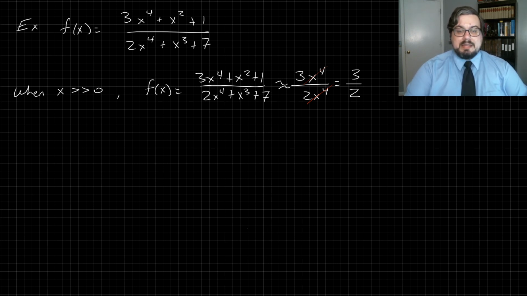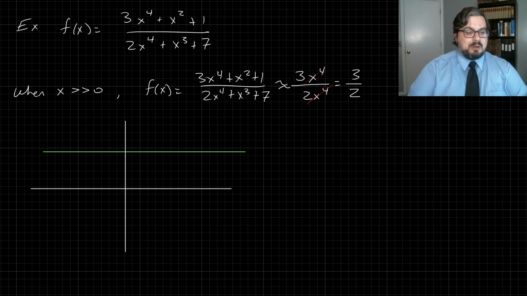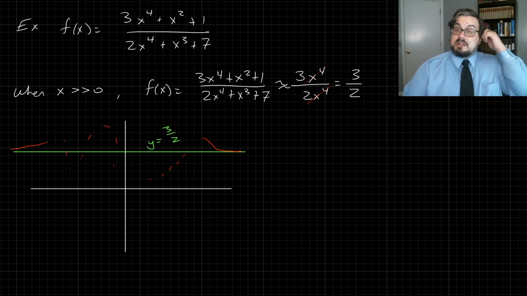So, in fact, what this is saying is that when x gets very, very large in the positive direction or the negative direction, the same argument applies, then if we take the line y equals 3 halves, this function is going to, whatever else it does, get closer and closer to the horizontal asymptote at y equals 3 halves.